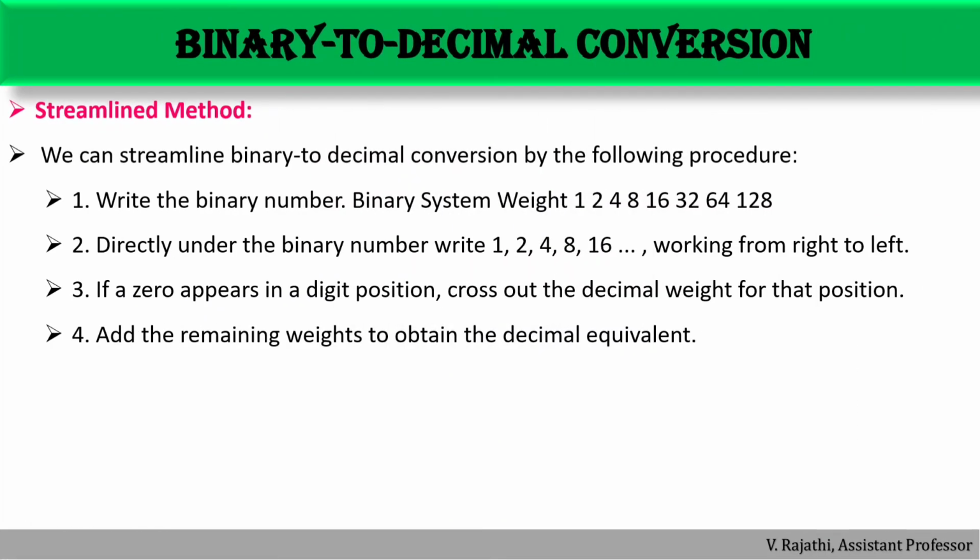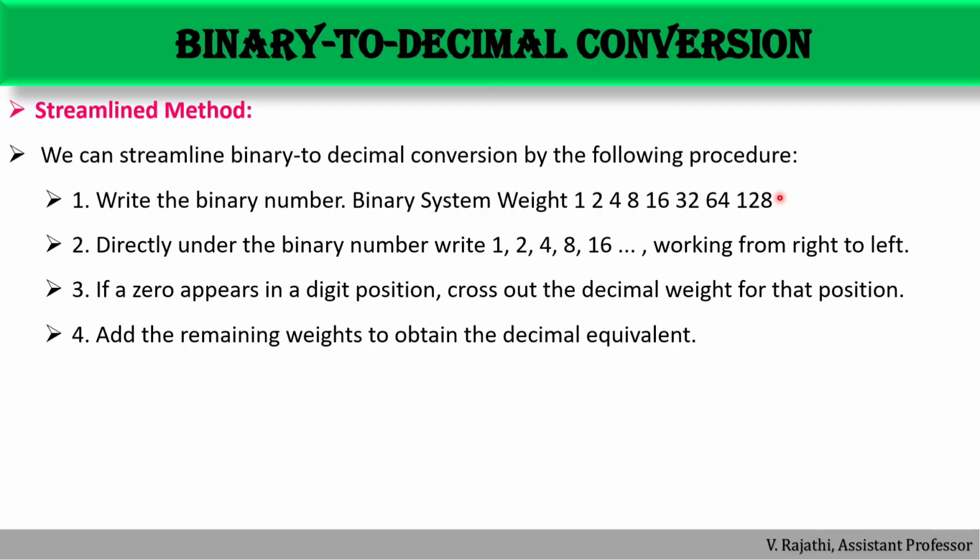Next, the streamline method. We can streamline binary to decimal conversion by the following procedure. First, write the binary number, and then the binary system weights: 1, 2, 4, 8, 16, 32, 64 and 128. 2 power 0 is 1, 2 power 1 is 2, 2 power 2 is 4, 2 power 3 is 8, 2 power 4 is 16, 2 power 5 is 32, and it goes on like this.